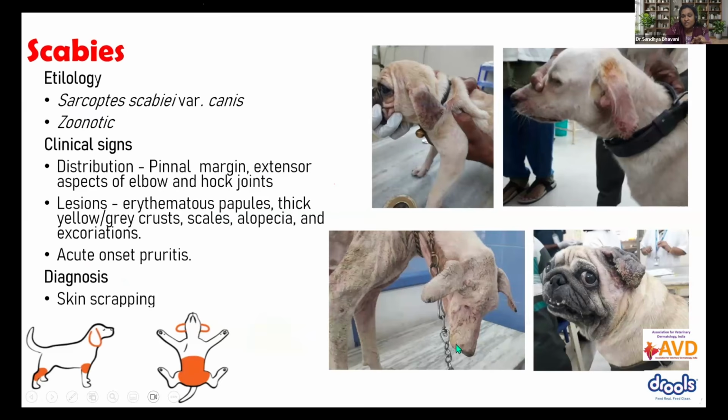In this dog, you can see this thick white crust on the whole body. Here, everywhere in the body it is present. Having an intense pruritus, even the ear margins are affected, and there was mild bleeding from the ear margin.